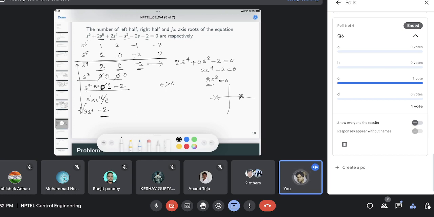So for the auxiliary polynomial we have n equal to 4, that means 4 poles, out of which one is in the right half side, one in the left half side, and the rest are imaginary axis poles. First we compute for this n equal to 4 auxiliary polynomial. So one is in the right half plane, and because of the symmetrical location, one will be in the left half plane. So how many poles will be there on the imaginary axis then?